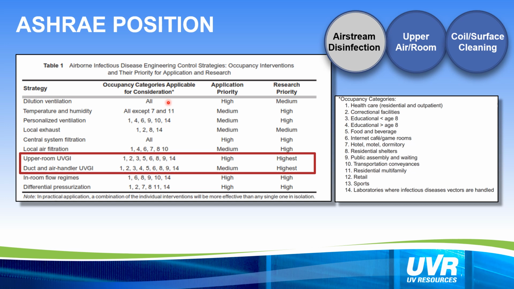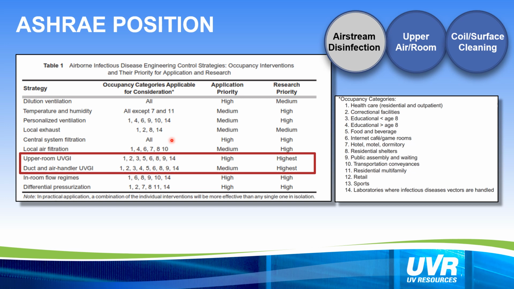Dilution is number one. If you can dilute, bring more outside air in, that's great. Can you change your temperature and humidity, for all of them except 7, which is hotel and motels? Personalized ventilation, we're living with that now. We're living with masks and dealing with personalized ventilation. How about local exhaust? Can you exhaust more air outside? Can we increase our filters in our central system filtration?